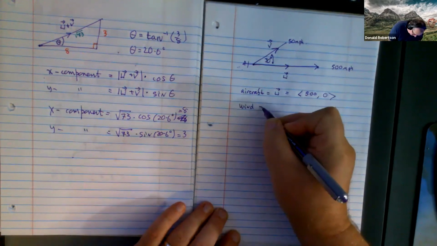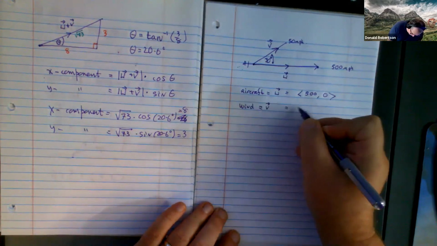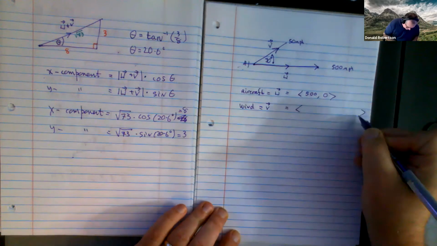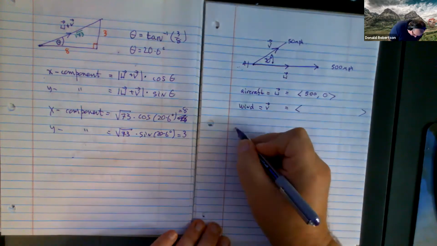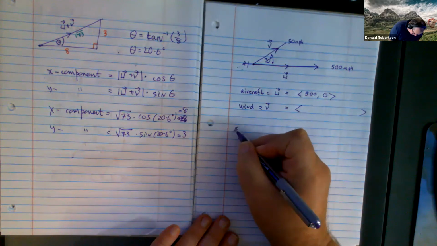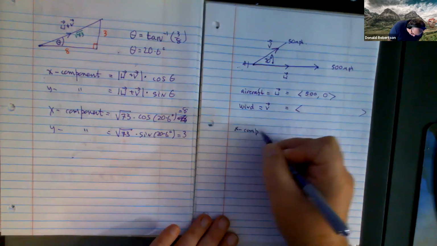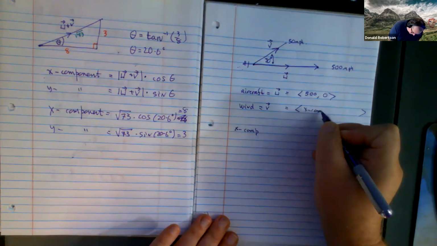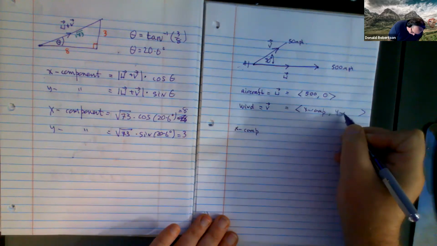well, I'm calling that guy v, and eventually I'm going to have the answer to it, and it's going to go in here. But how am I going to get the wind? Well, I need to find its x component, which goes in here, and then its y component, which goes in here.